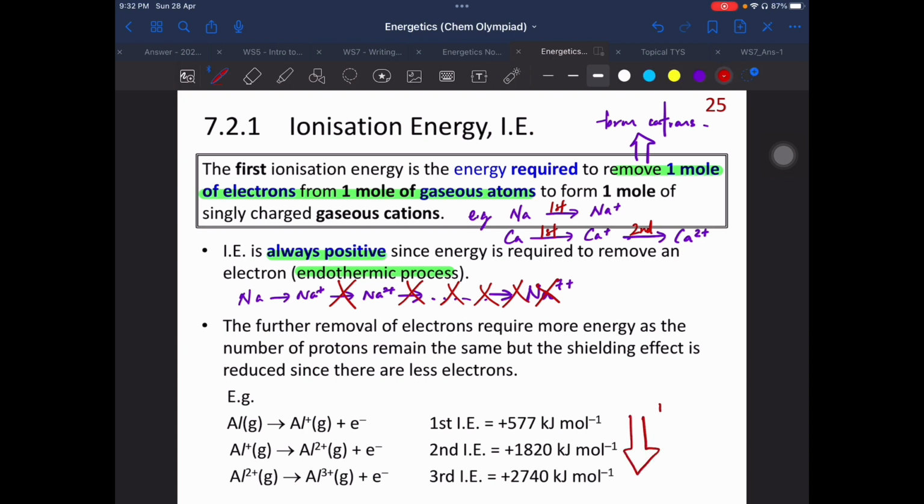It increases because it becomes harder to remove an electron from a positive ion, because electrons are negative. So imagine you have a positive ion, Al+, and you want to take out one more electron from it, then you can expect the electrostatic force of attraction to be much more significant. So this is something for you to think of. That's why the energy will get more and more.